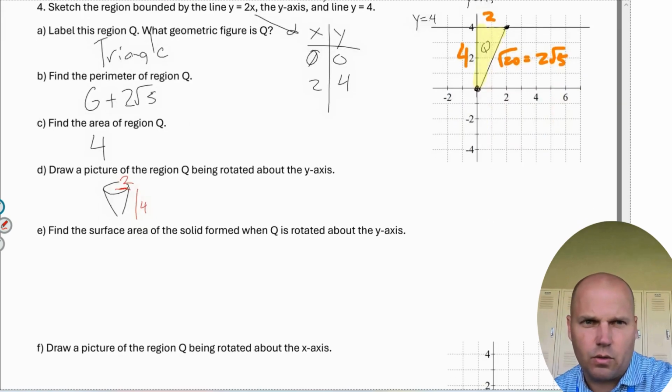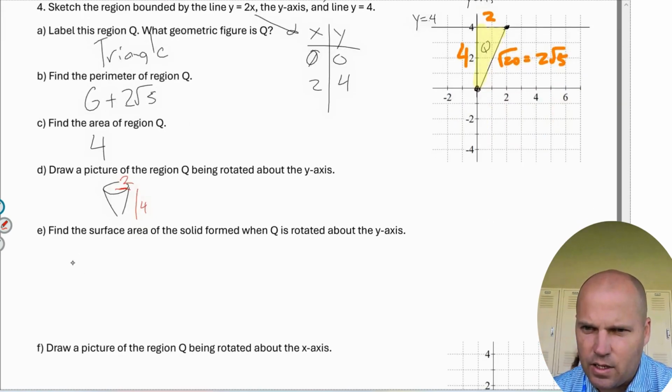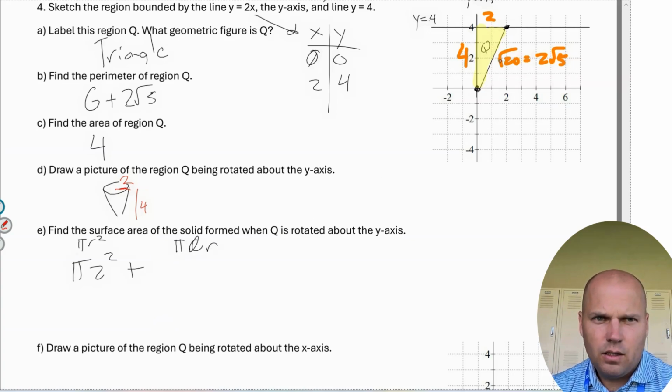Ooh, surface area, cool. So I've got a circle, then I have pi R L, pi L R. This is R, this is H, this is L, when this turns into a cone.